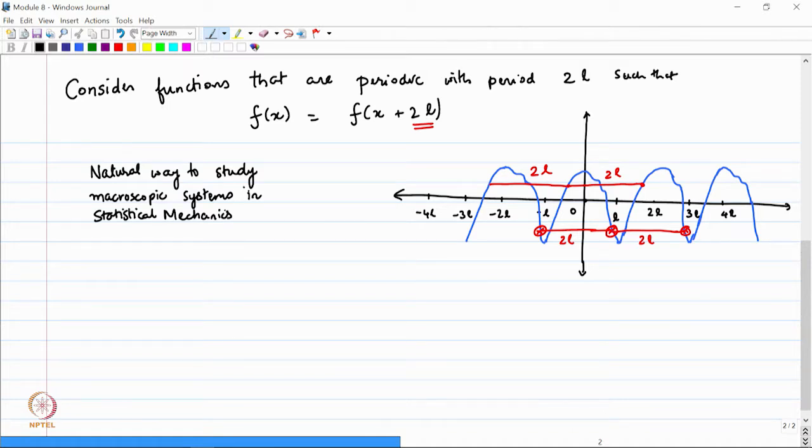This is one point that will become clear when you do your statistical mechanics courses, that you treat the system as periodic. They also appear in the theory of crystalline solids. A crystalline solid is periodic in space, so the same pattern keeps repeating. In that you use periodic functions, but it is much more general than that. That is what I want to emphasize.